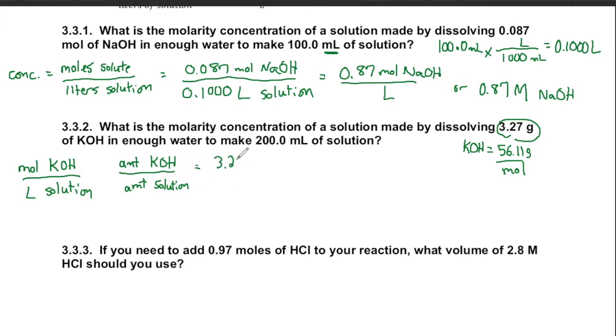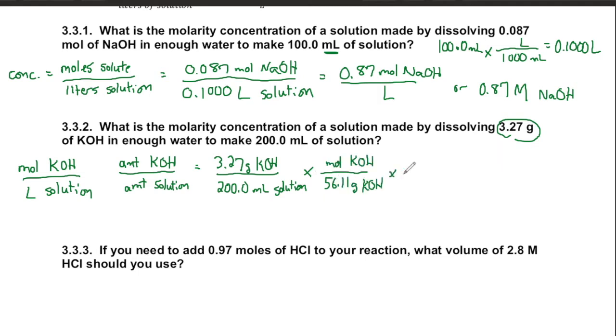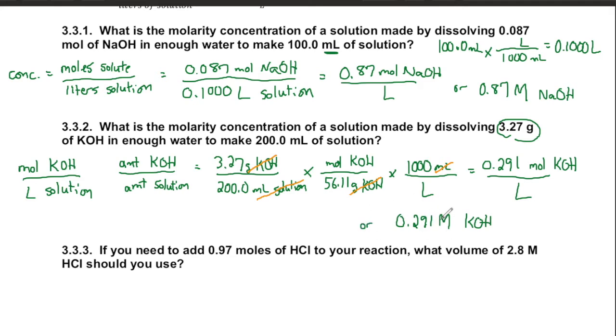We have 3.27 grams of KOH, and we have 200.0 milliliters of solution. Let's convert the grams of potassium hydroxide to moles, and then let's convert the milliliters of solution into liters. So when we do this, our grams of KOH cancel, our milliliters of solution cancel, and we end up with 0.291 moles of potassium hydroxide per liter, which we can also write as 0.291 molar potassium hydroxide.